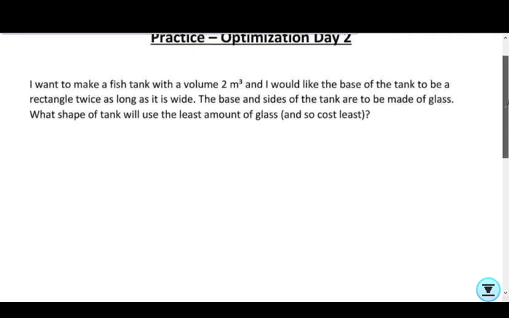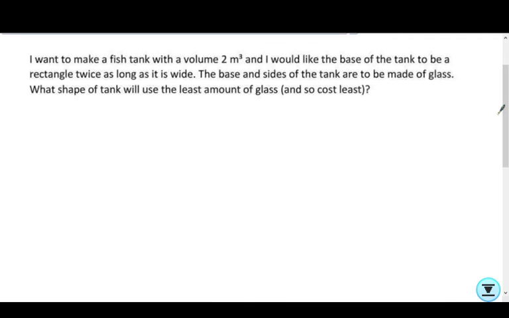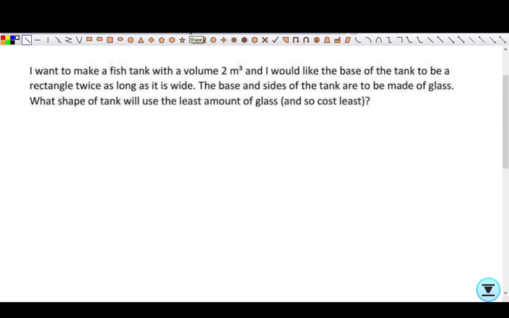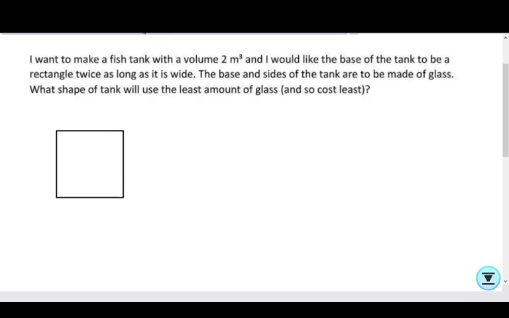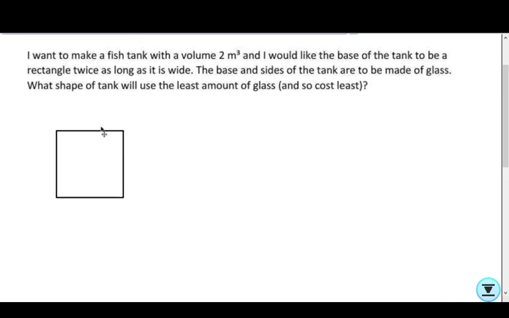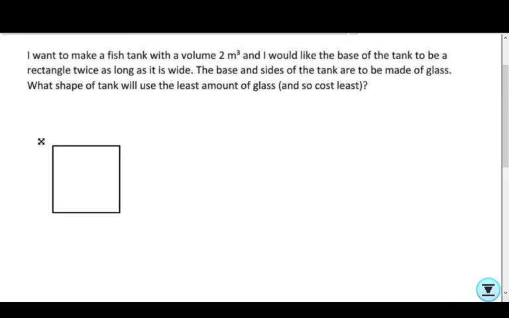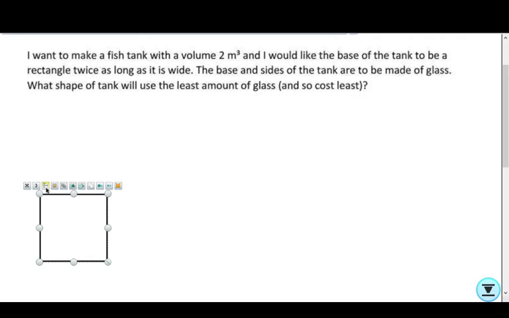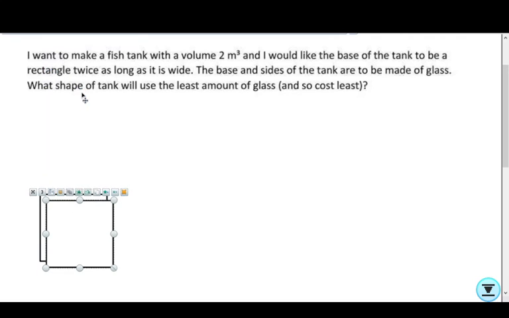Okay, so again, I always tell my students the first thing you should do is basically draw a picture. Draw a picture of what this is going to look like. Okay, so let's see. There we go. I want to grab that, move that there, duplicate it.